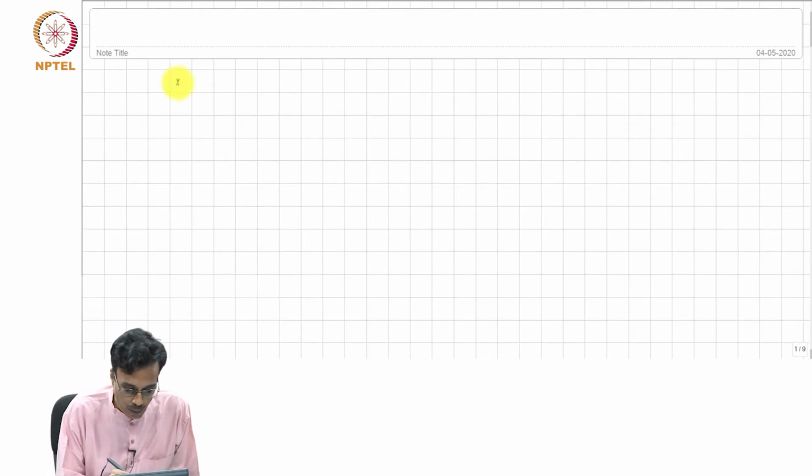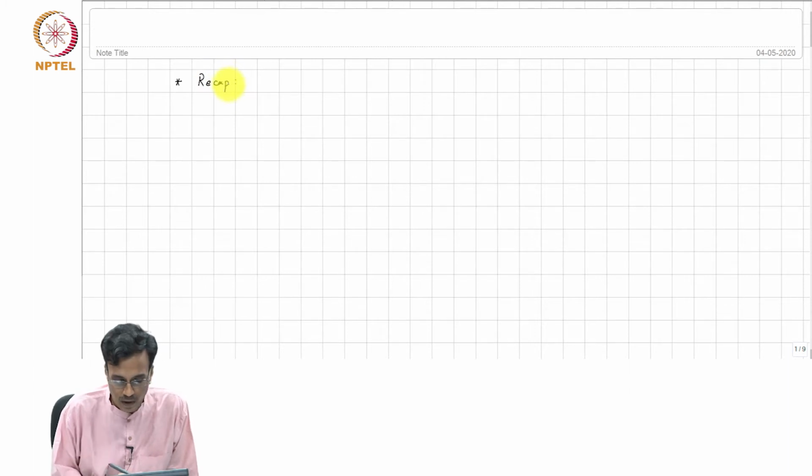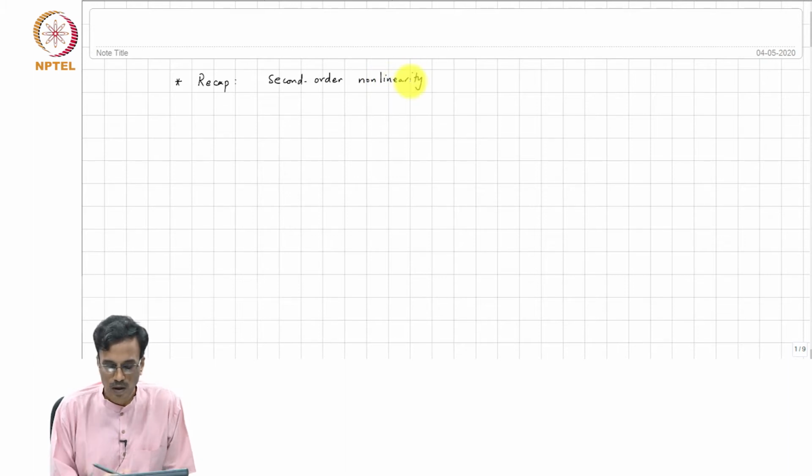A quick recap of what we saw yesterday. We talked about second order non-linearity, and remember that we are only concerned about weak non-linearity.